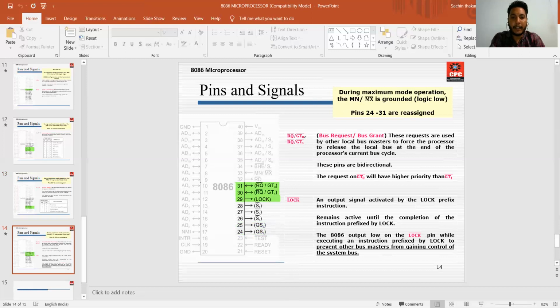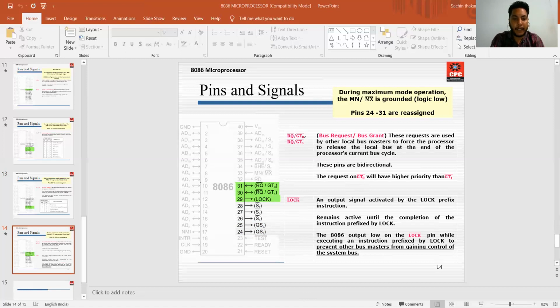Now the pin number 31, that is RQ/GT0. The full form of RQ/GT means request and grant, that is bus request and bus grant. RQ/GT0 and RQ/GT1.